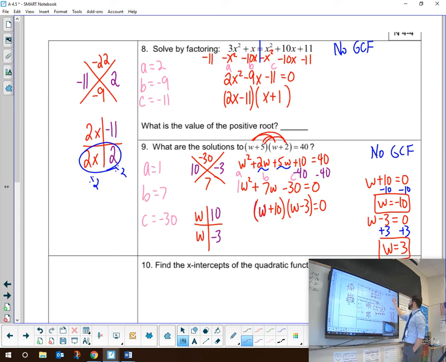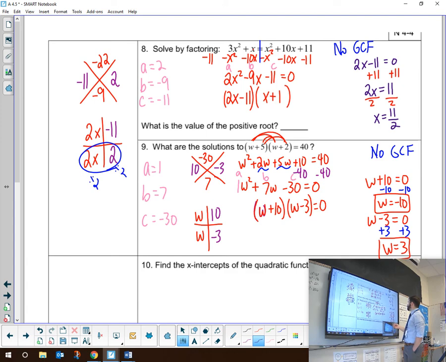We're going to set both of these equal to 0. I'm going to say 2x minus 11 equals 0. Start off, we add 11 to both sides. Get 2x equals 11. Divide both sides by 2. And we get our answer of x equals 11 over 2. Or you could also write that as a decimal as 5.5.